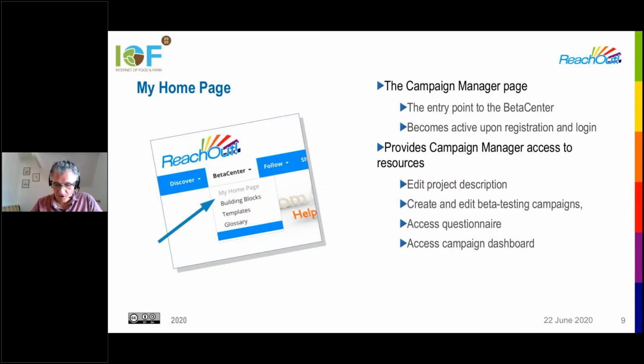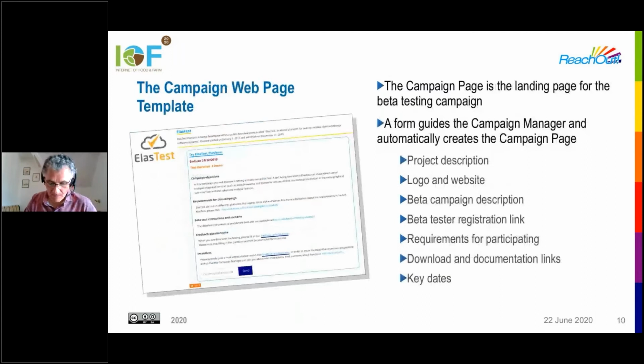The first one is a form that we provide so that they can create a user acceptance testing campaign, a beta testing campaign, which is generated automatically together with a questionnaire. We'll have a look at the questionnaire in a minute in the demo. Then the next one is a tool which we call the monitoring dashboard.